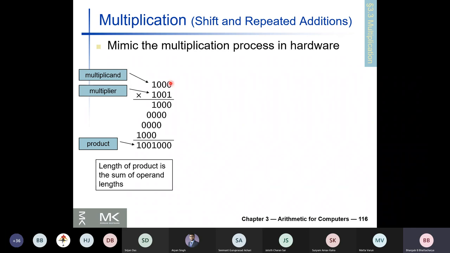So what you do actually, if you have a multiplicand and multiplier: if this bit is 1, you copy the multiplicand, right? And if this bit is 0, all bits are 0 here. And at every step, you are just shifting this partial product term one bit to the left and finally keep on adding, right?